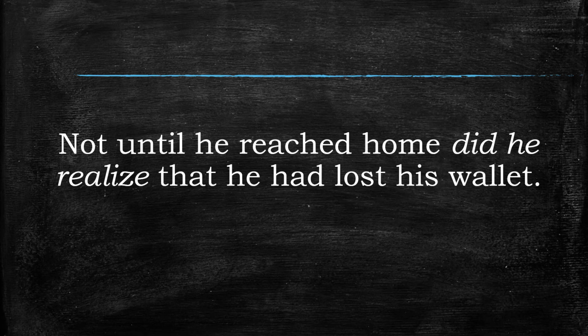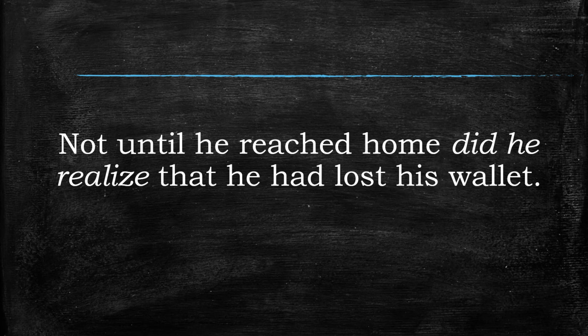When a sentence begins with the phrase not until, the subject and the auxiliary verb in the first clause immediately after not until are not inverted. You can see he reached. However, in the second clause, the subject and the auxiliary verb are inverted. Did he realize?